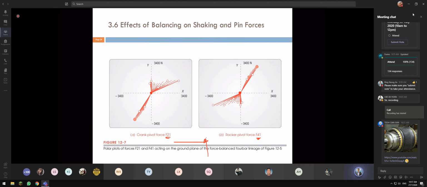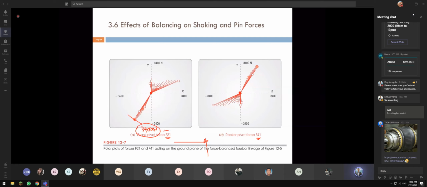So that's why the previous graph is the combination of these two. That's why when you add them, you will not reach over 3,000 Newton, because there is a counter force between these two locations. But if you look at only the F21, you basically reach about 3,400 Newton.